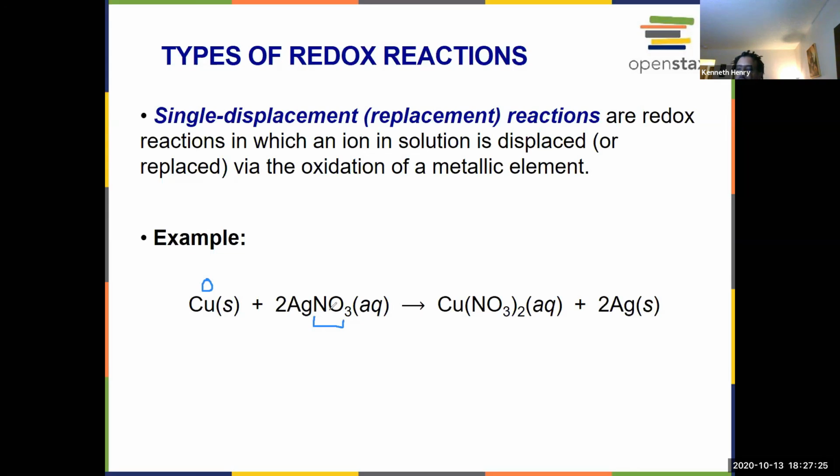So what would be the oxidation number on the nitrogen in the nitrate? Because we know nitrate is NO3 minus.